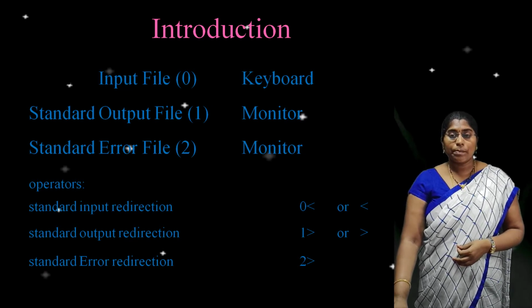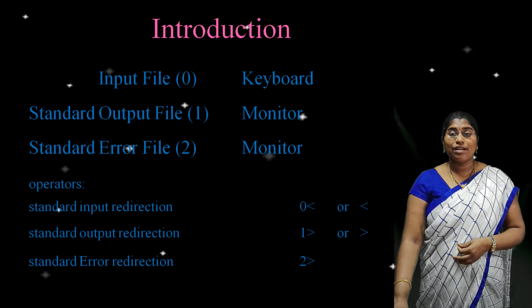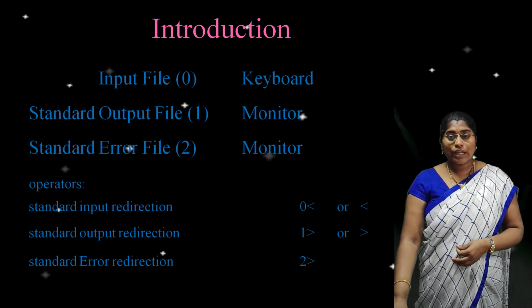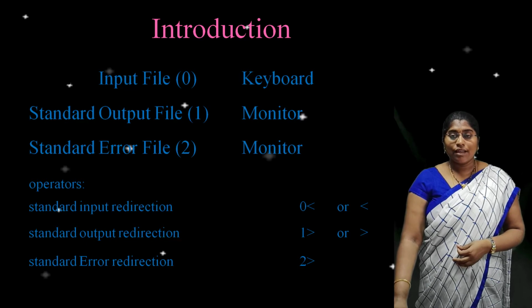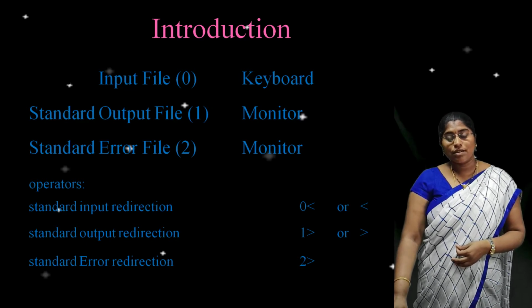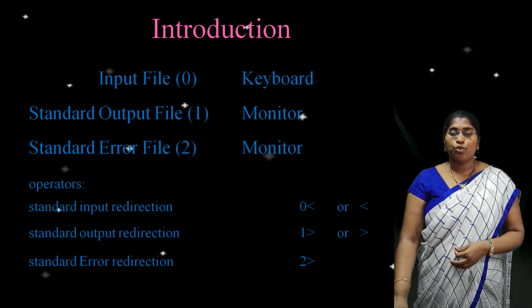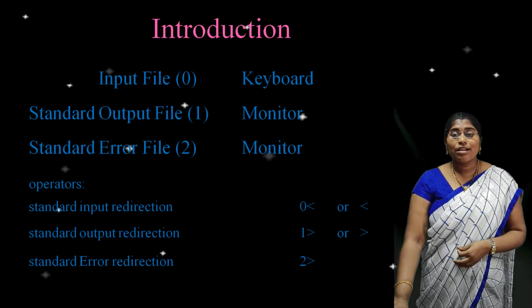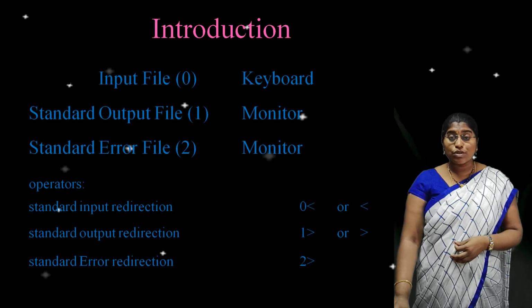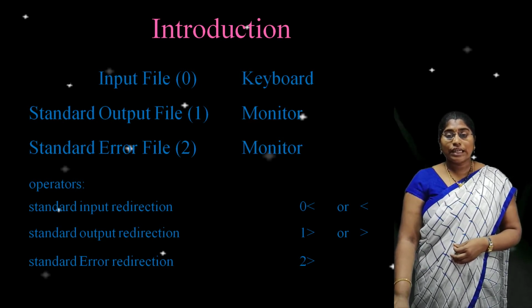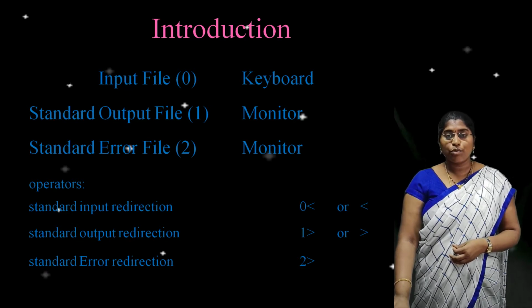That is represented by 1. Standard output is referred to by 1. Next, suppose you cannot get any output, then you will get an error message. It is also displayed on the monitor and referred to by 2. Here we can change the default file association using pipes or redirection. So this is the introduction part of the redirection process.